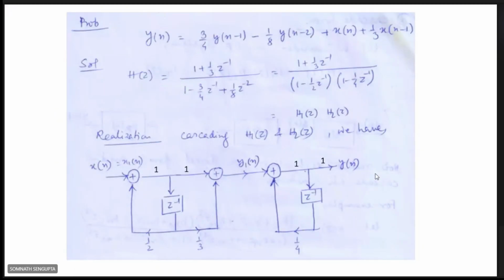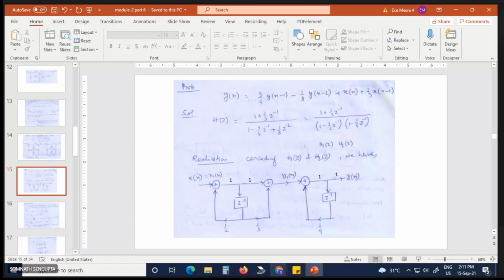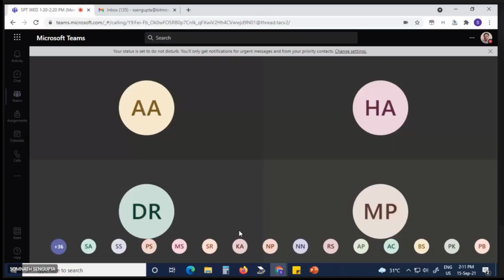Have you understood the rules? Yes, sir. Okay, so all others should say yes. What about others? Raise your hand.